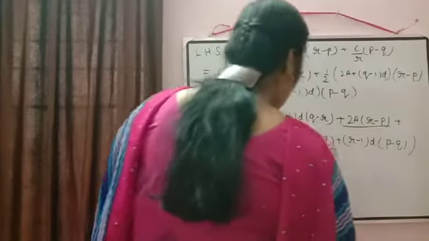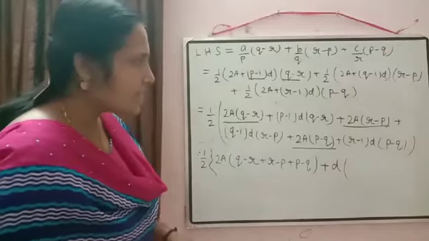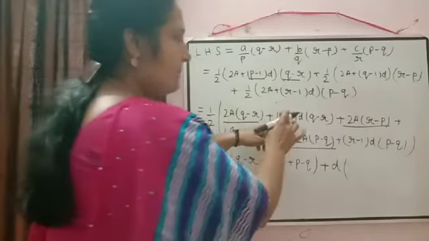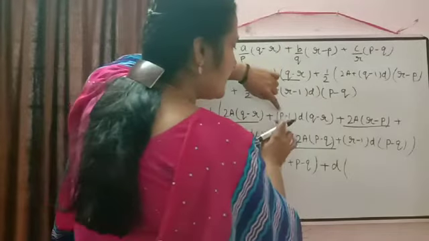In the same way, from the remaining terms, D is common, take it outside. Now, inside the bracket, what will remain? P minus 1 into Q minus R. So I am just doing the multiplication.